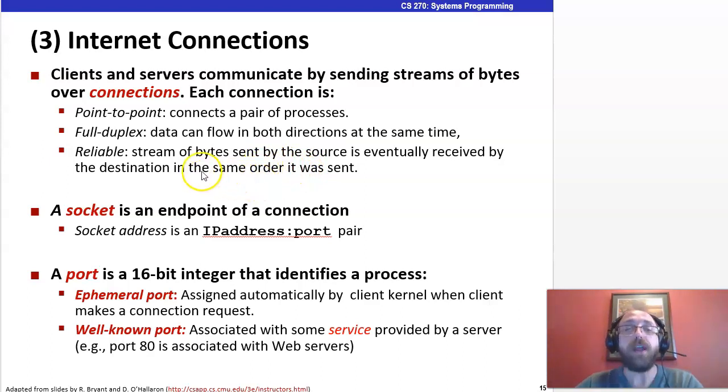So a connection has two endpoints, and the endpoint of a connection is called a socket. So a socket needs to specify two things: the IP address of the host that it's running on, what we saw a couple of videos ago, and a port number. The port number specifies which process, and even more specifically than that, which particular service handled by that process we want to communicate with.